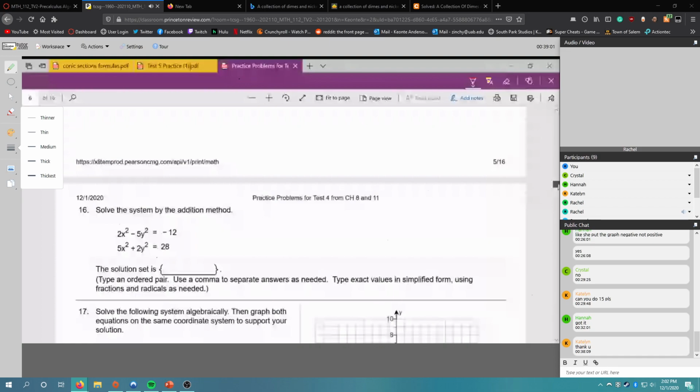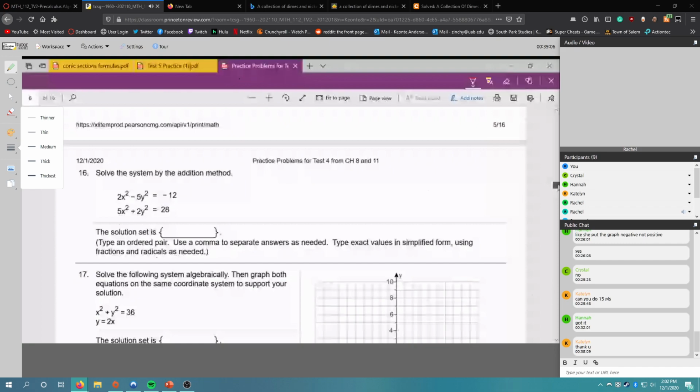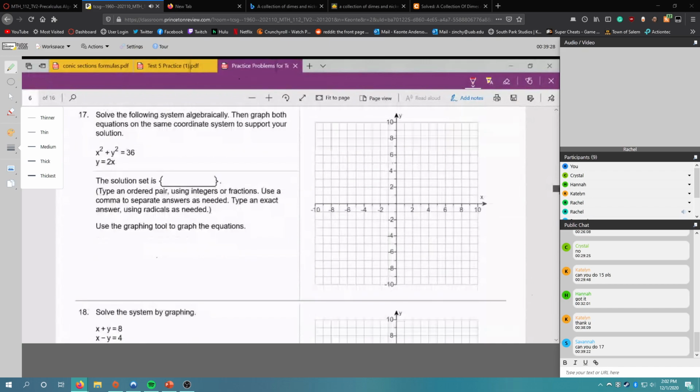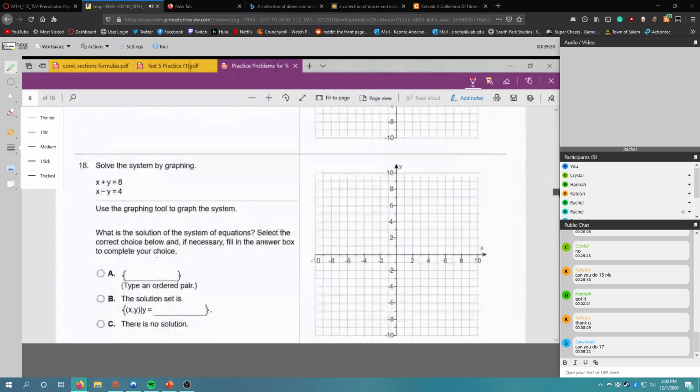Okay, 16 would be solving this equation by addition. This one, I would solve by substitution probably. Solve it algebraically, and then you could graph these on the same thing. So that's 17, 18, that's 2 lines.